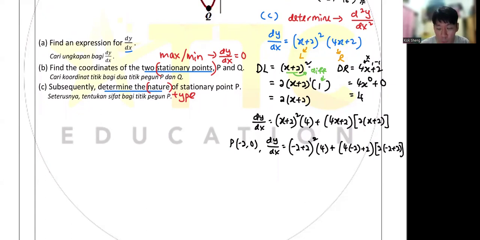Sorry, it's d square y over dx square. I wrote the wrong symbol. Yeah, so you can now find the answer. And then we can see which type this is.